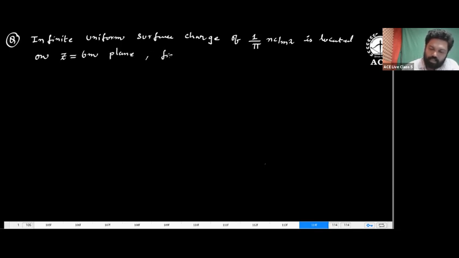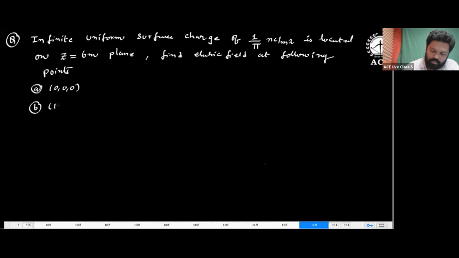Find electric field at following points. Question A: 0, 0, 0. Question B: 10, 10, 10. Question C: 20, 20, minus 20.